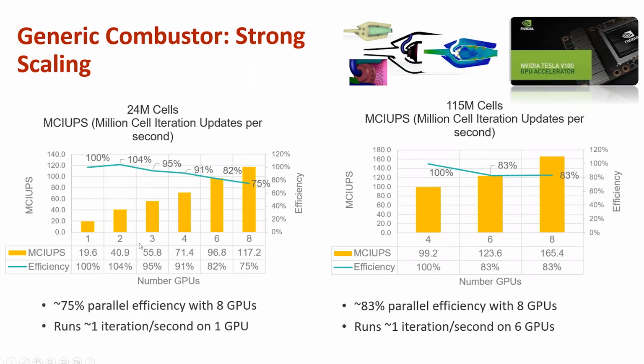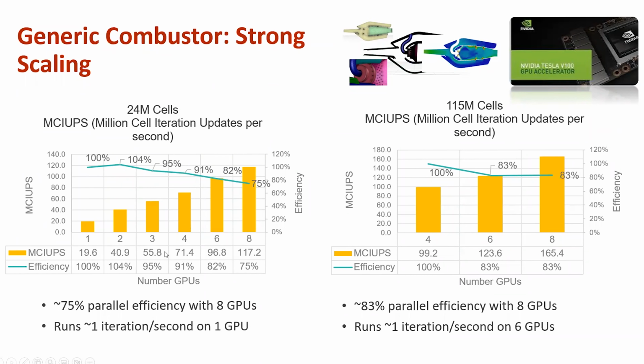So as you keep adding more GPUs, you'll see these numbers increase. Basically, if you use 8 GPUs, you should be able to run one iteration within 1 second for 117 million cells instead of 20.